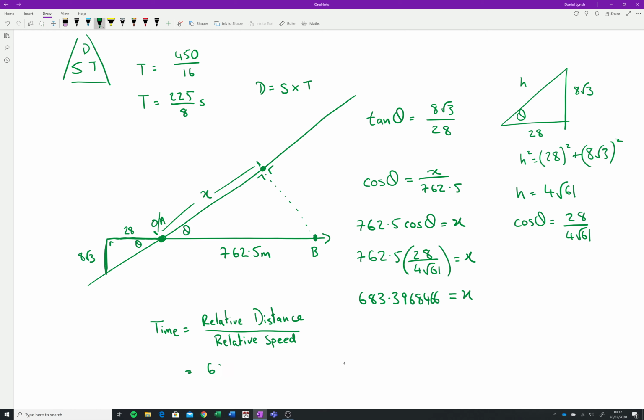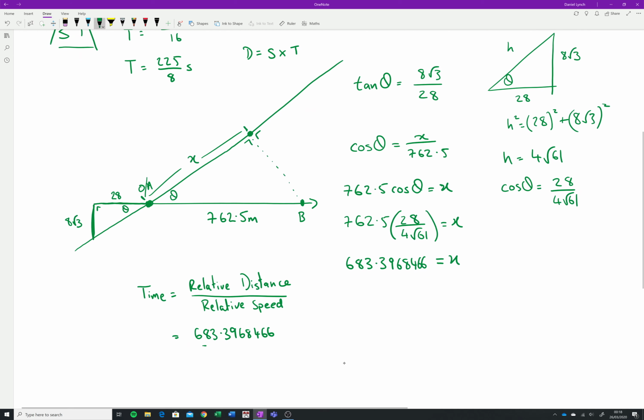The relative distance is 683 point whatever. Okay, now the question is, what is the relative speed? So that's an important question to ask yourself. The relative speed is simply the velocity of AB, but it's the magnitude of that particular thing there.